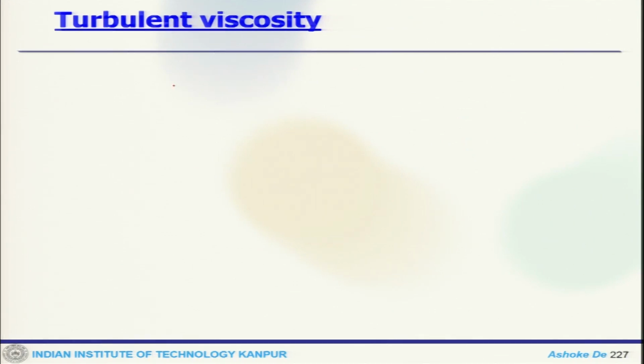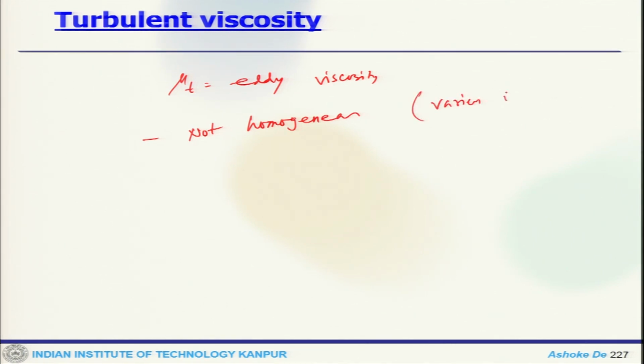So, this μ_t is the turbulent viscosity or eddy viscosity term. Okay. It can be correlated with your density and the kinematic viscosity. This is essentially not homogeneous in nature, it actually varies in space.